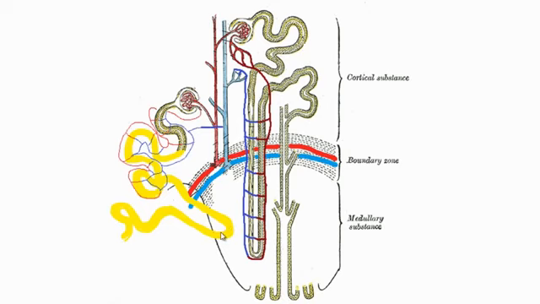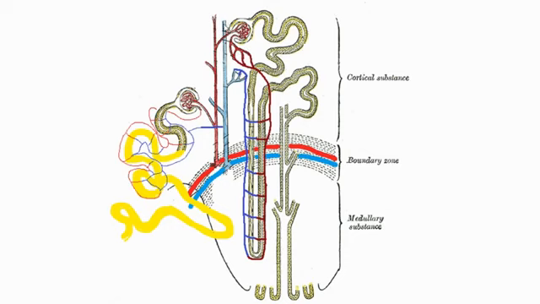It doesn't penetrate as far into the medulla. So cortical nephron, renal corpuscle is further away from the medulla, and the loop of Henle is much shorter. A juxtamedullary nephron has its renal corpuscle right next to the medulla, so juxtamedullary, and its loop of Henle penetrates much further into the renal medulla. So why did I bother explaining all that to you?